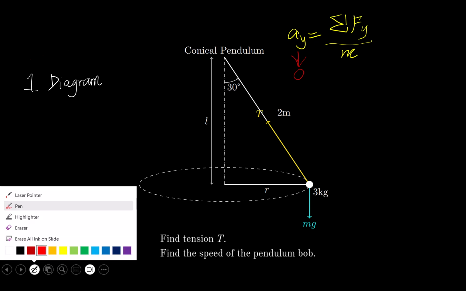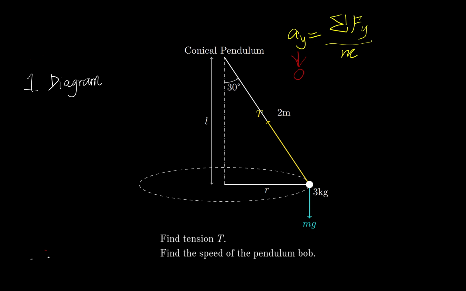You might ask, hey, where is this force? I'm going to show you right now. This is the tension force. We can resolve this vector by breaking it down into two different force vectors.